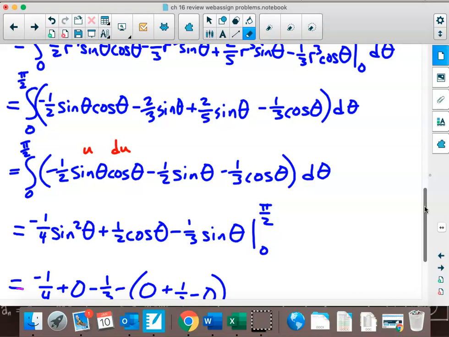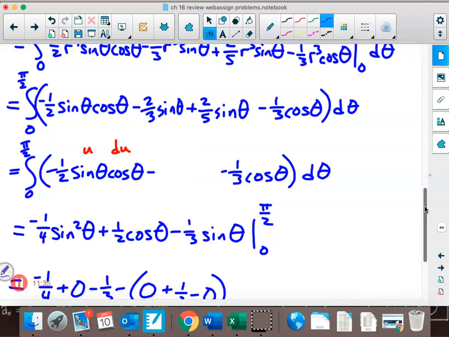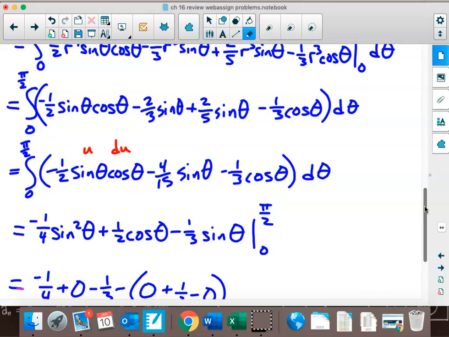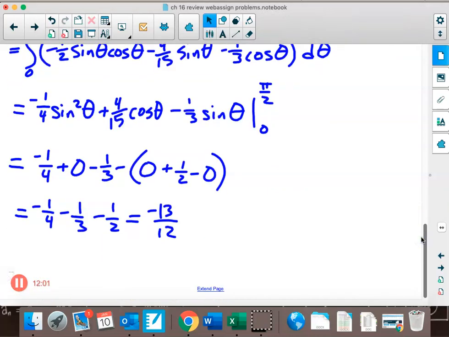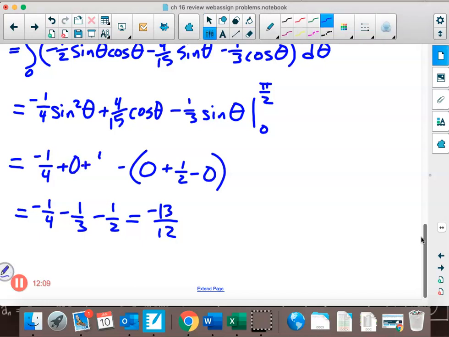So times 5, negative 10 plus 6 is negative 4/15 sine theta. So we end up with positive 4/15 cosine theta, and everything else is the same. So plus 0 plus 4/15.